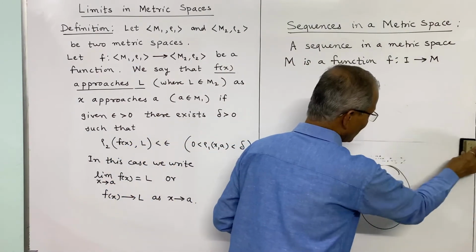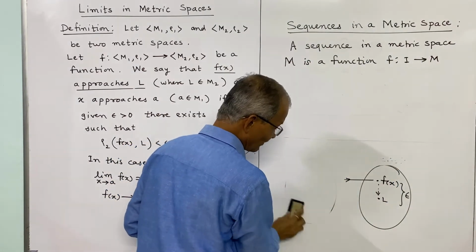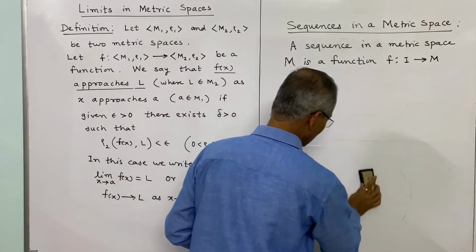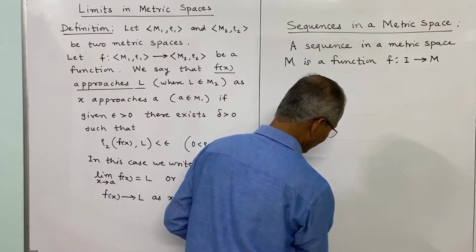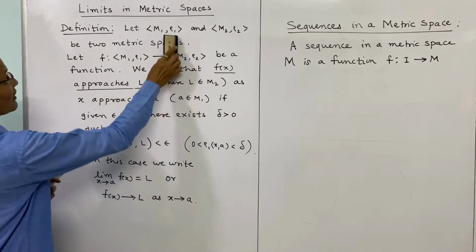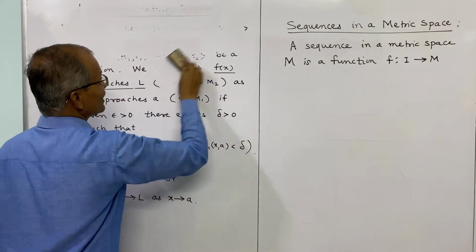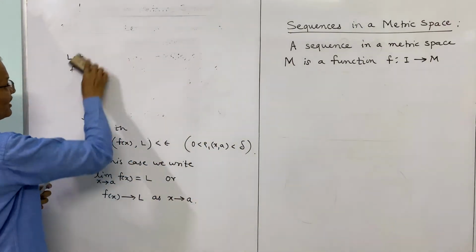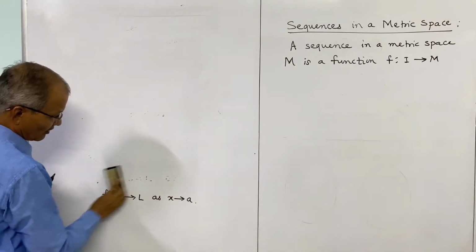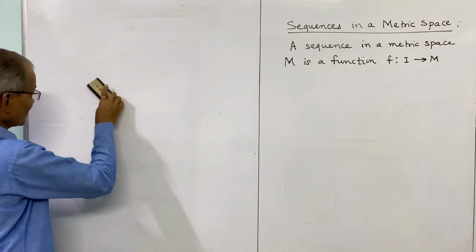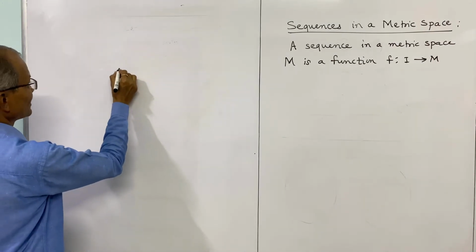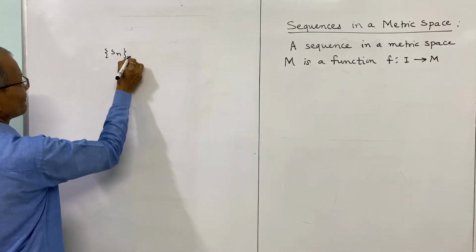And now for an infinite sequence, we will define its limit. And we will write the definition for it. So if you consider the limit of a sequence, then we say a sequence Sn has limit L. We suppose Sn is a sequence of real numbers.